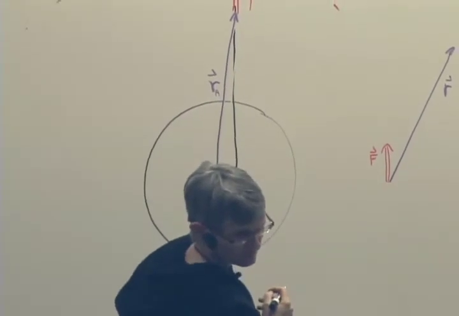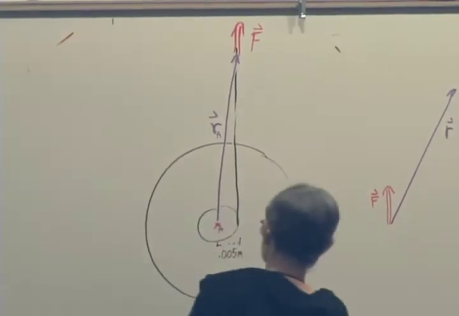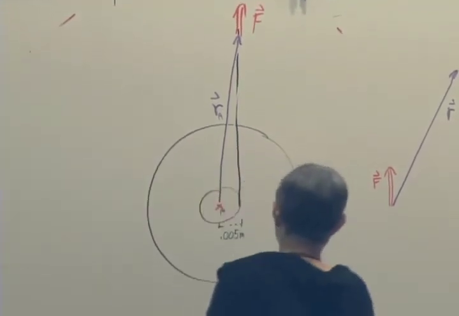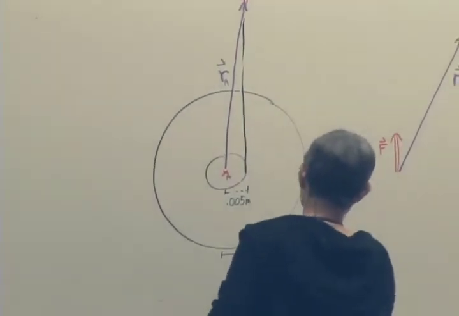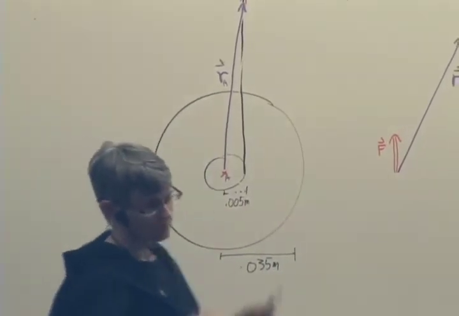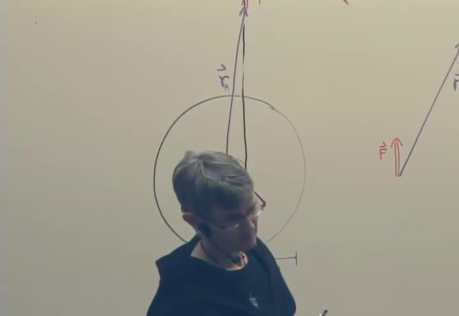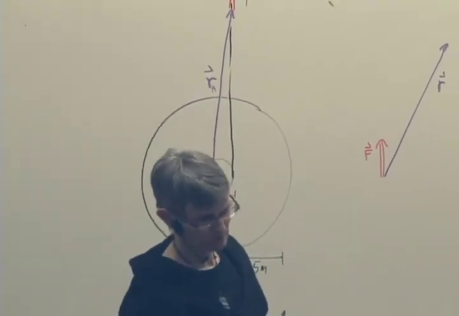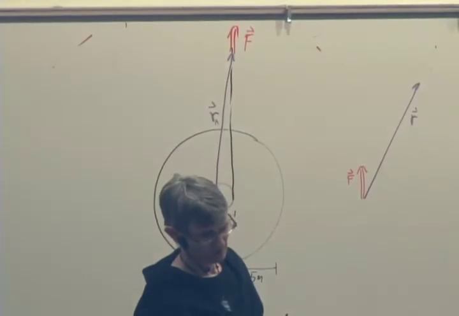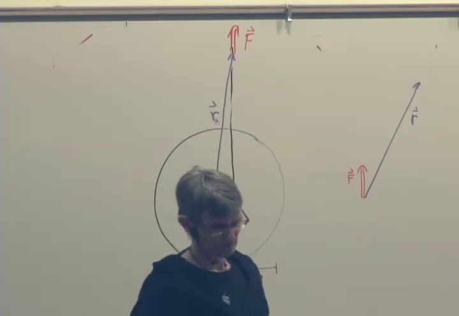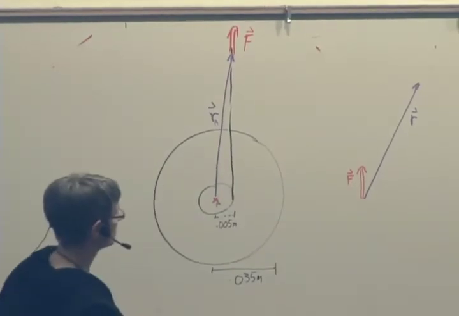This radius, that's 0.035 meters. You're pulling up with a force of 0.6 newtons. So what's the magnitude of the torque?